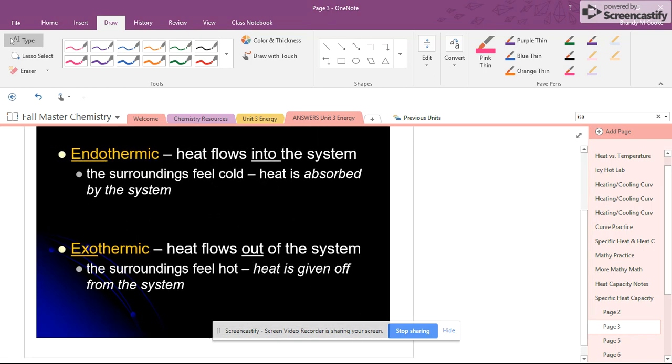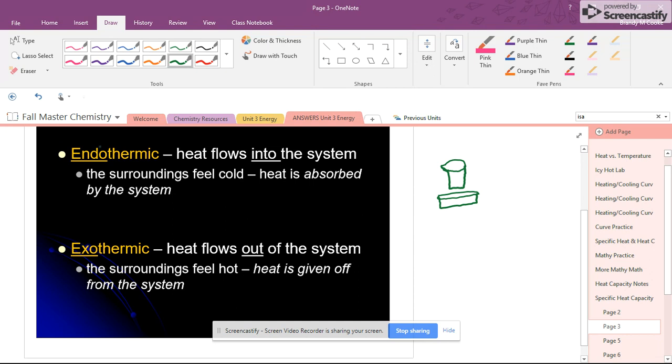Okay, so when something is endothermic, heat flows into the system. So if we said that the system was, again, our beaker, I'll try to draw it a little better this time. So our system is the beaker, and we have it on a hot plate. Everything that's not the system is considered the surroundings.